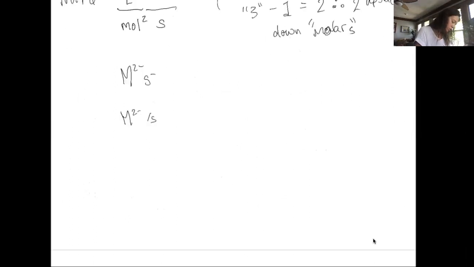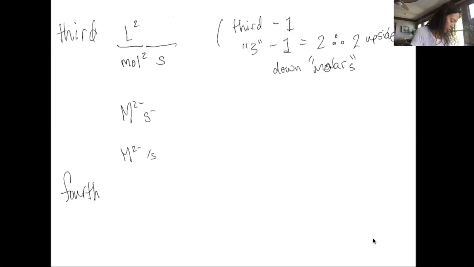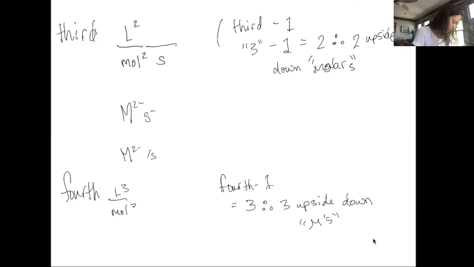So hopefully you see the trend there. You can see it doing the math. So if it's fourth overall, I'm going to go fourth minus 1 equals 3. Therefore, 3 upside down molars, L cubed, mol cubed per second. Boom. That's all you got to do. See ya.